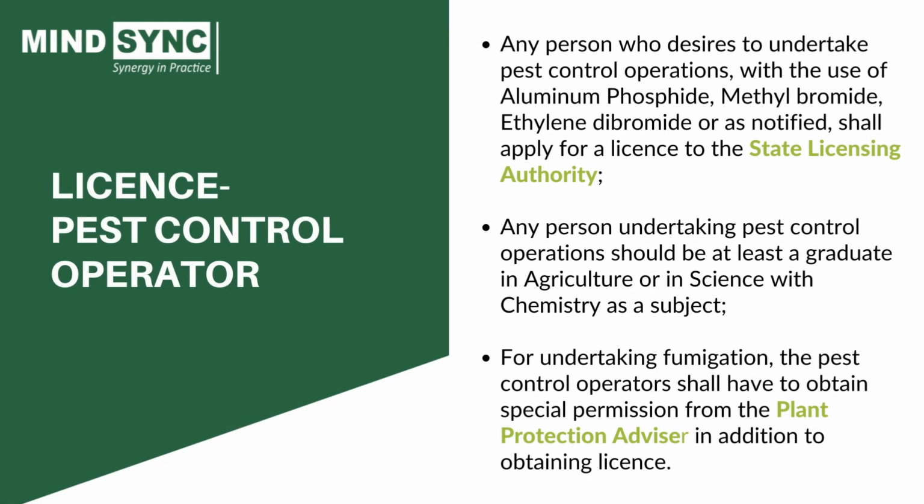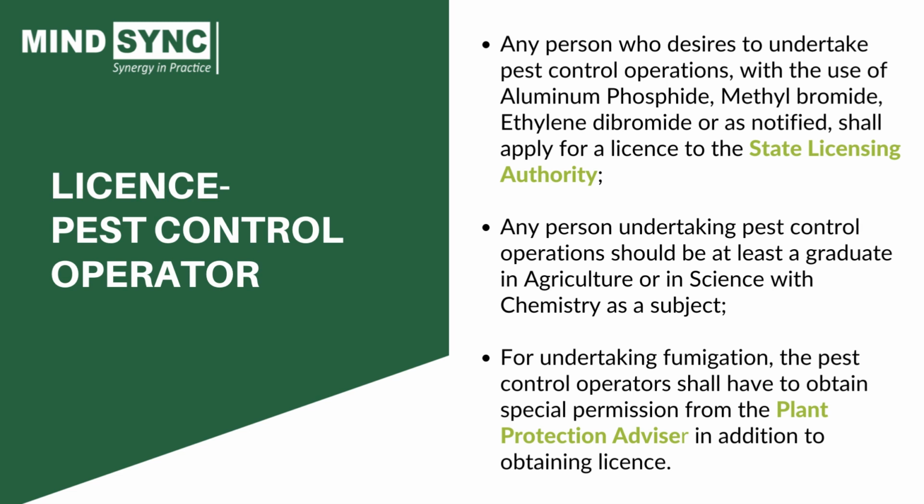Next is grant of license to pest control operators in India. Any person who desires to undertake pest control operations with the use of aluminum phosphide, methyl bromide, ethylene dibromide or any other notified chemical shall apply for a license to the state licensing authority.